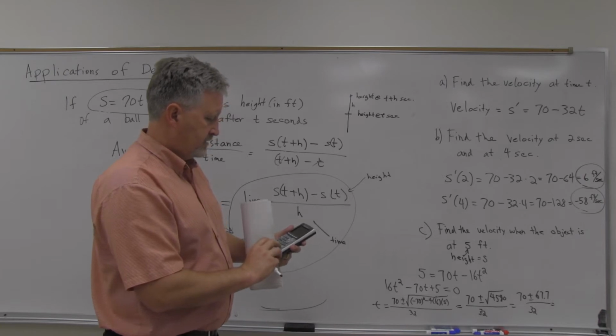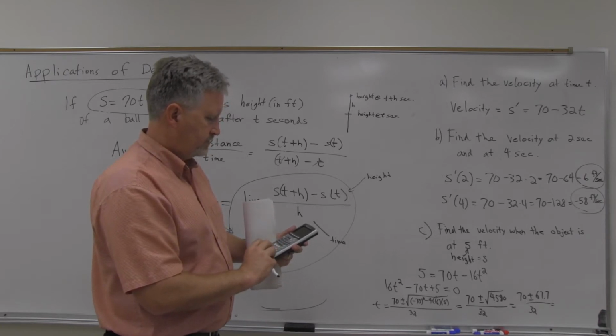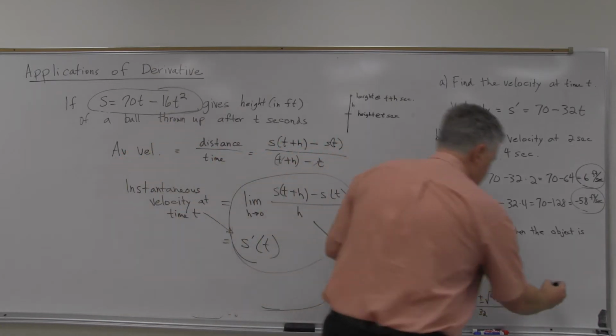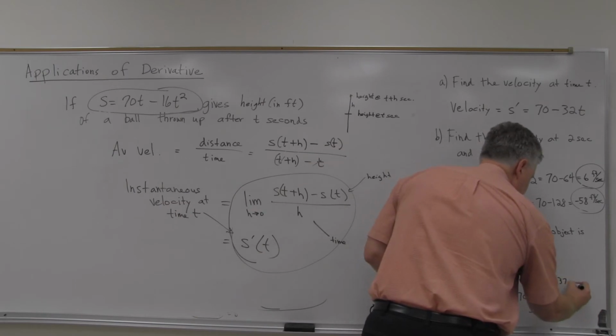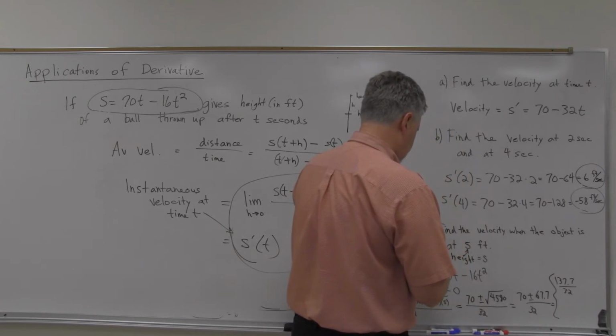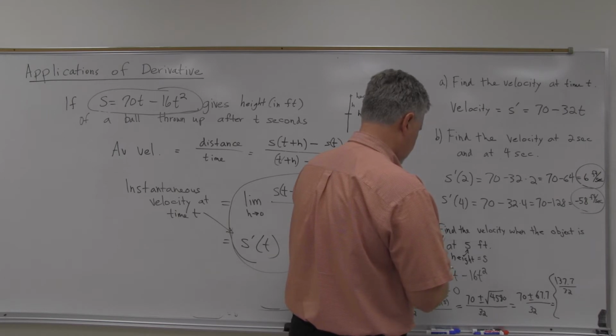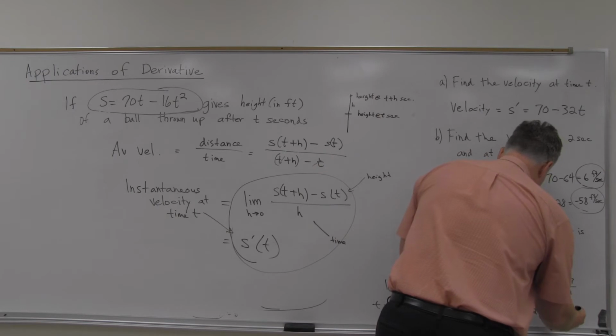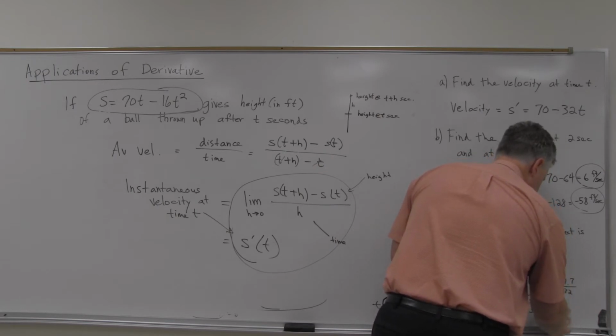It's either 137.7 divided by 32, or 70 minus 67.7, which is 2.3, divided by 32.